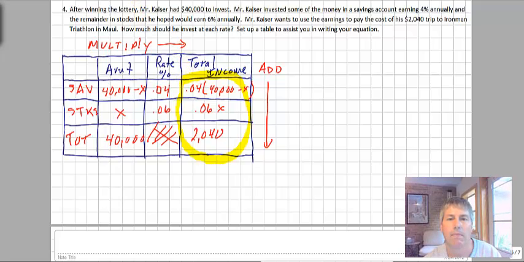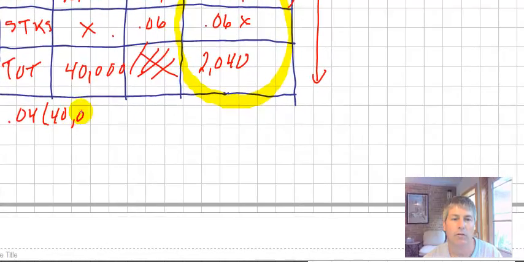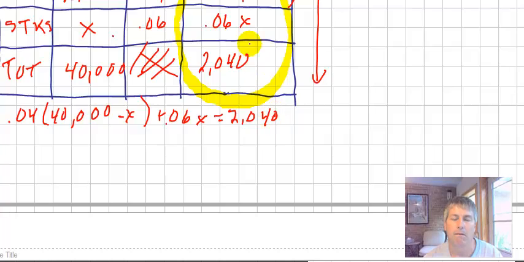So, by adding this up, we have 0.04 times 40,000 minus X plus 0.06 X equals our total income. So our income from our savings plus our income from our stocks equals our total income, $2,040.